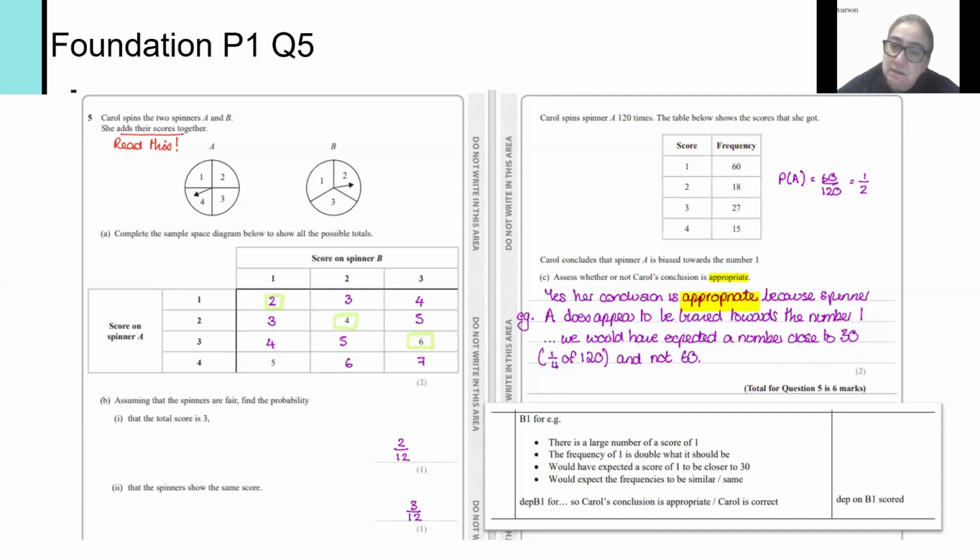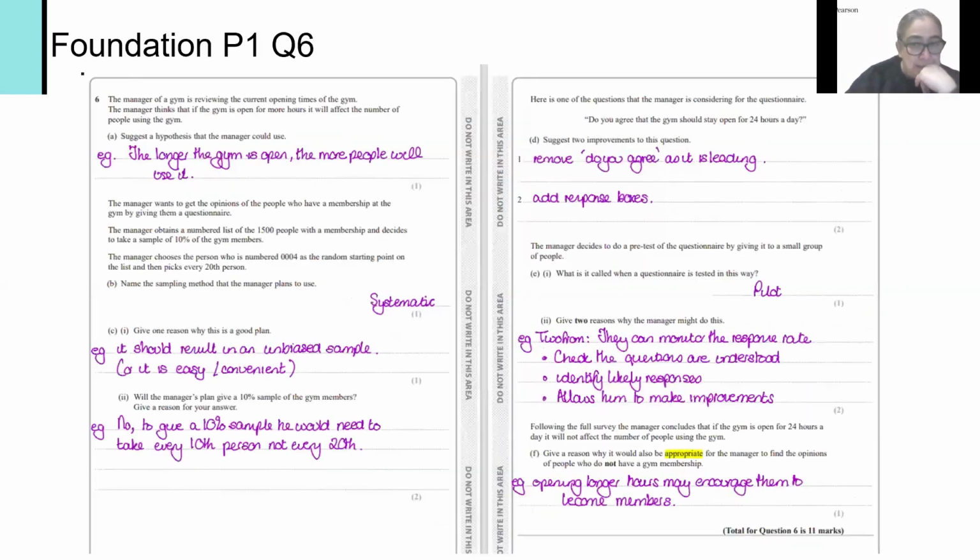But one of the things that came through loud and clear is just have a go, get something down. My thing to reinforce with students is at least you tried, even if you messed up the rest of the question, your conclusion was appropriate because. And I think that's going to be the key message: you draw your conclusions first.